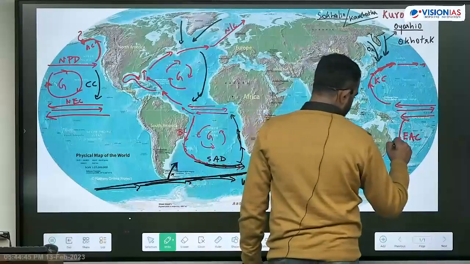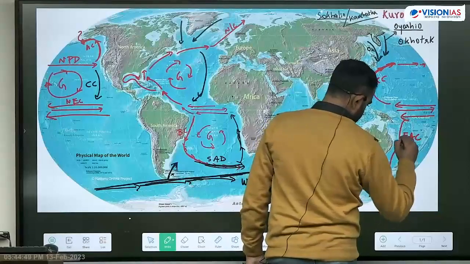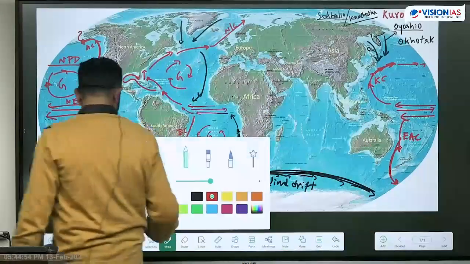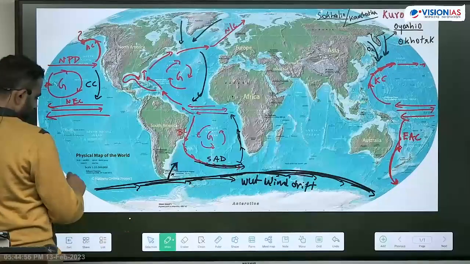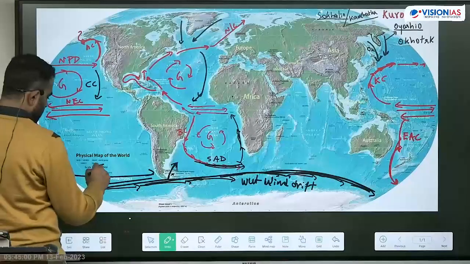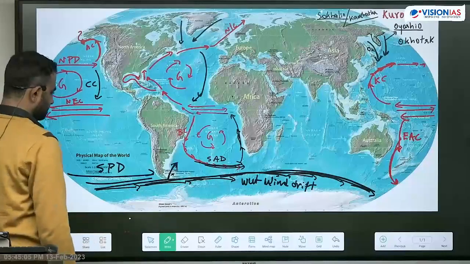This is the same current which moves along the coast of Sydney, and it will join the west wind drift and crosses the South Pacific Ocean as South Pacific Drift or South Pacific Current.